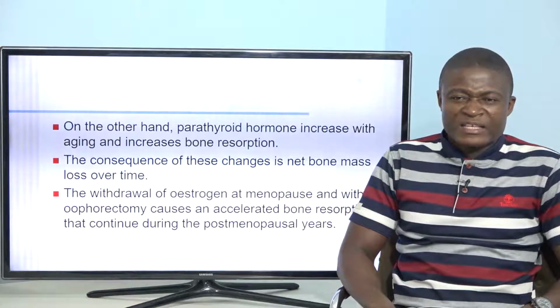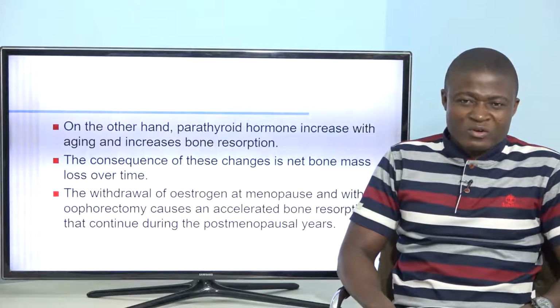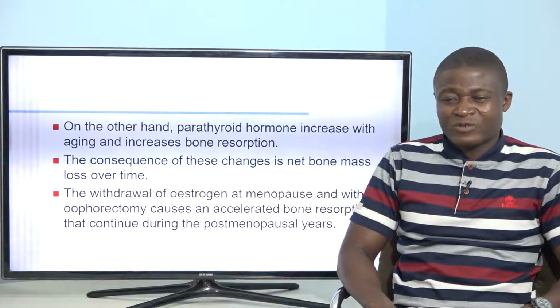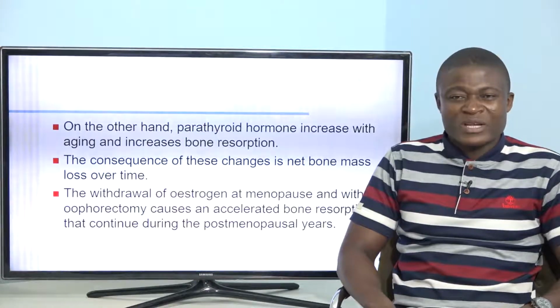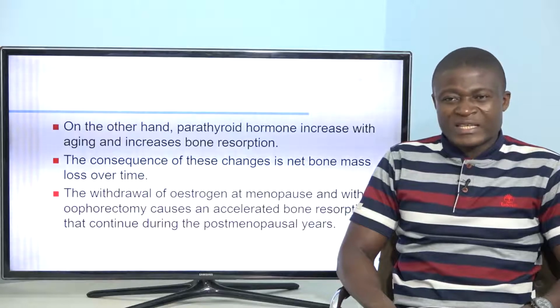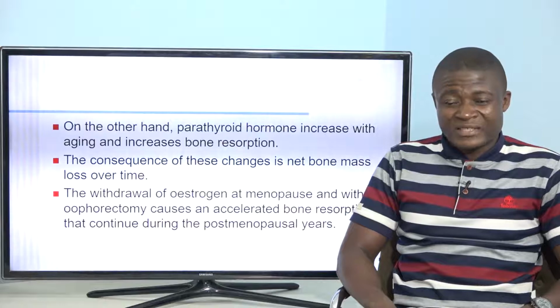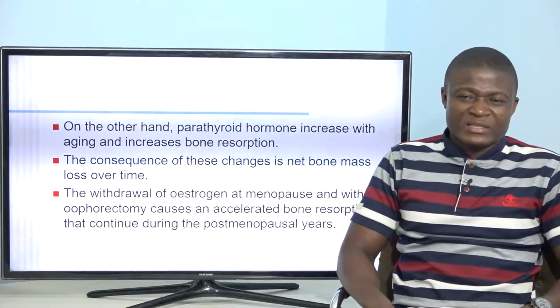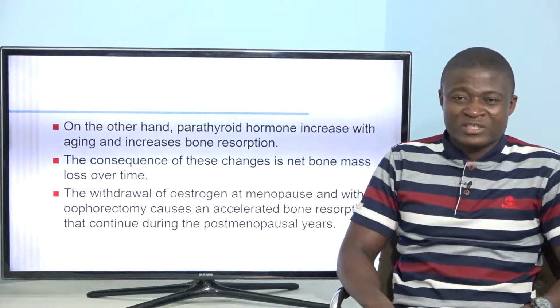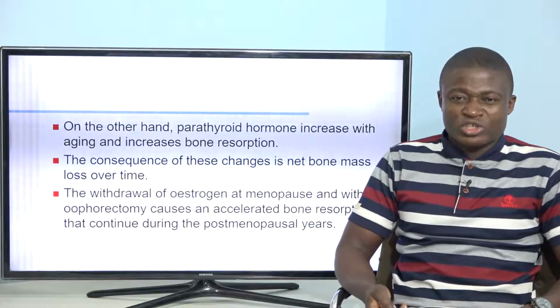And then when they enter into their menopause, it totally ceases in productivity. Because from there on, the ovaries are not necessarily taken out, but they die off, or they are no longer functional. That's what I mean by oophorectomy. So the ovaries are no longer working, and they play a significant role in the productivity and utilization of estrogen. So when this happens, they no longer produce estrogen. Calcitonin too has also decreased in productivity. So this worsens their situation.